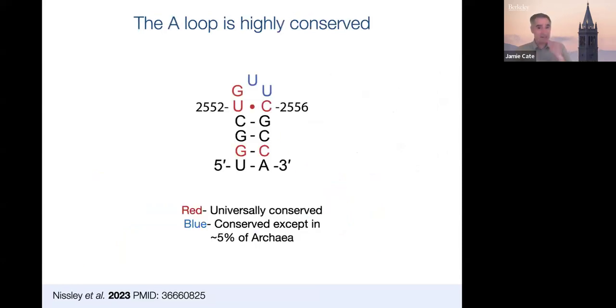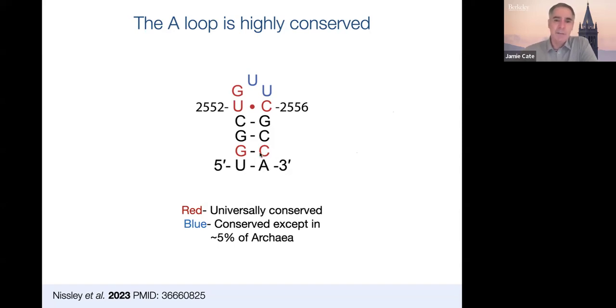This is a schematic of that secondary structure. This is called a stem loop, and we have base pairs followed by a loop structure. The way this is encoded based on these alignments is that if it's black, it's not conserved. This could be an AU, or it could be changed.